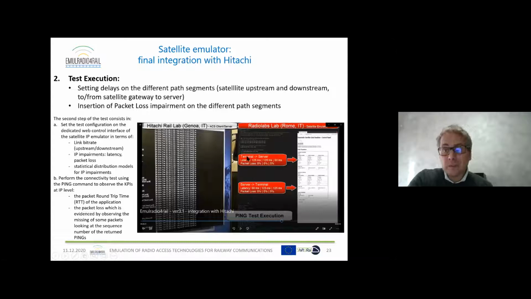Here, in the first part of this image, we are talking about the terminal to the server. In the second one, in the bottom, we can see the server to terminal connection.